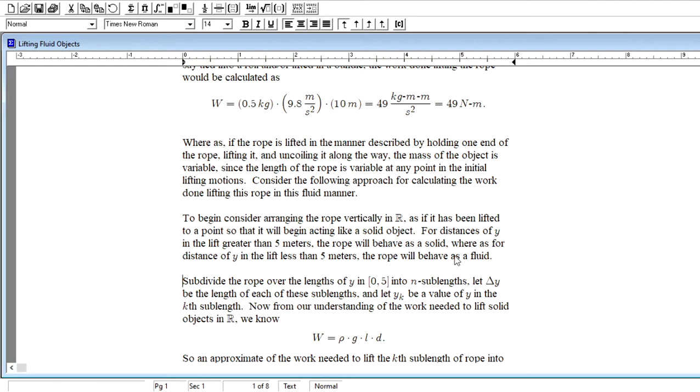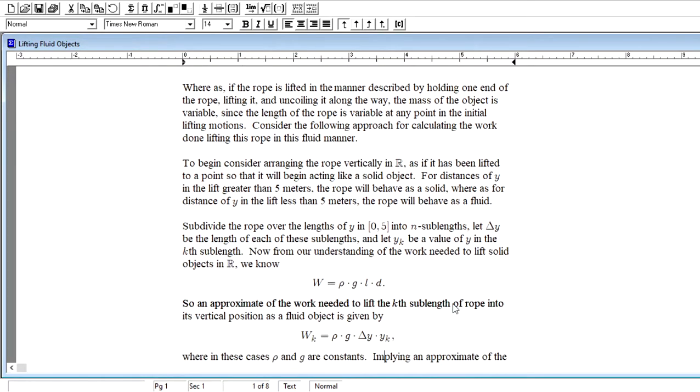And from our understanding of the work needed to lift a solid object in one-dimensional space, work would be equal to rho times g times the length times the distance over which we lift. Rho being density, g being our gravitational constant, L being length, and little d being distance. So if we wanted to approximate the work to lift just one of those little subintervals of the rope, it would be rho times g times delta y, the length of that little subinterval of rope, times y sub k.